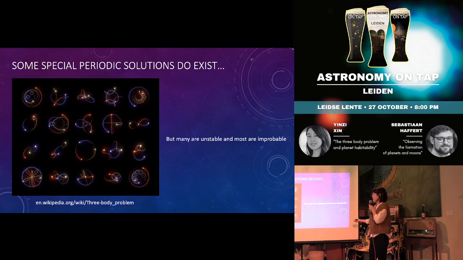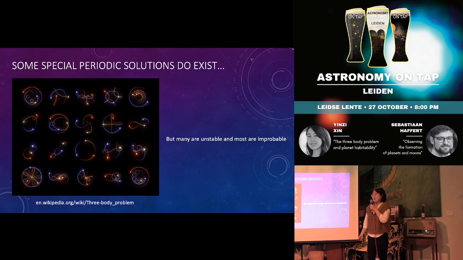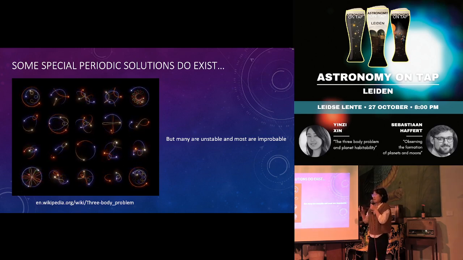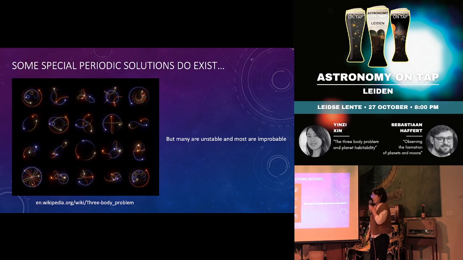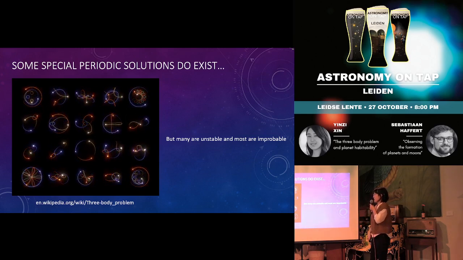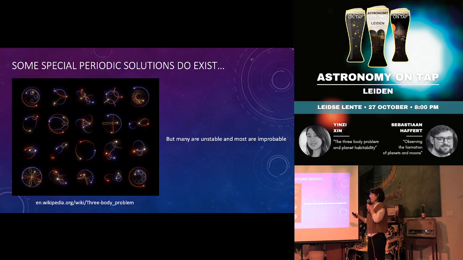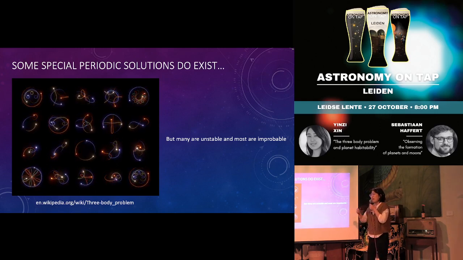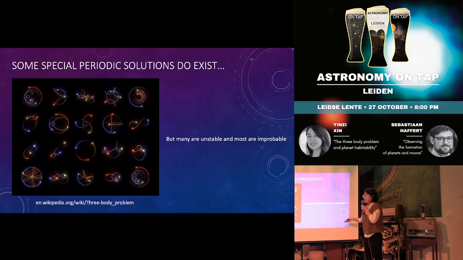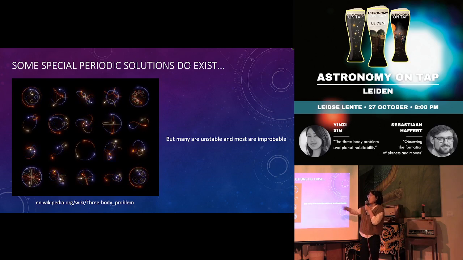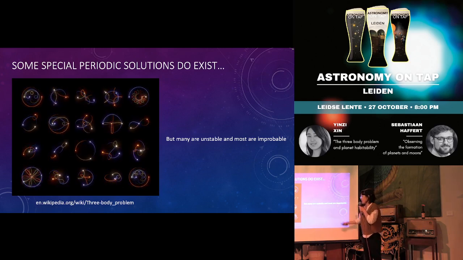But what I learned is that a lot of these are unstable, which means if you bump something by a tiny bit, it'll no longer follow that trajectory anymore. And even the ones that are technically stable, so you can perturb them a little bit, they're kind of improbable. So the range over which they are stable is not very big. You can move it a little bit and it'll come back, but if you move it by more than a little bit, it will become unstable again.